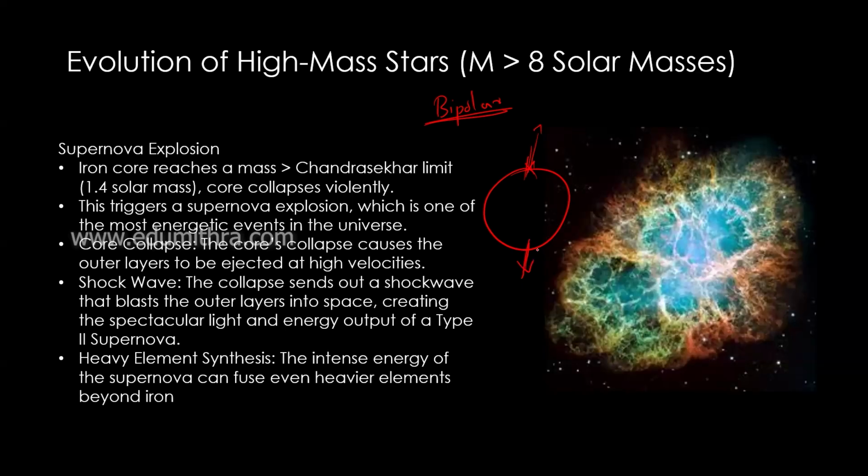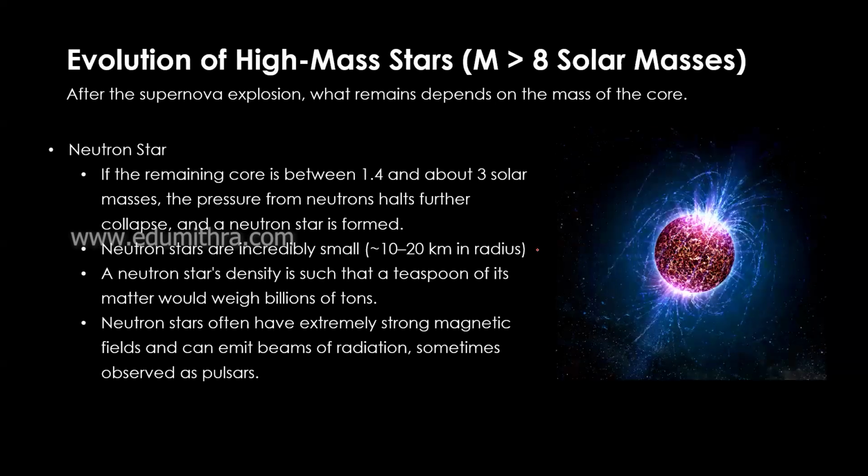Here we explained it in the case of a neutron star, where at both ends there is bipolar radiation, and bipolar outflow means an outflow of material through both the poles.